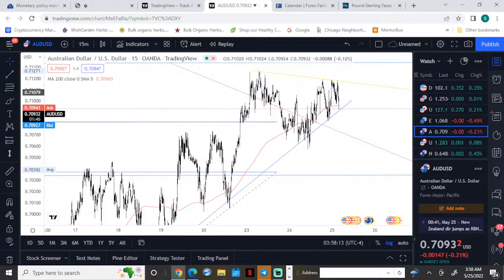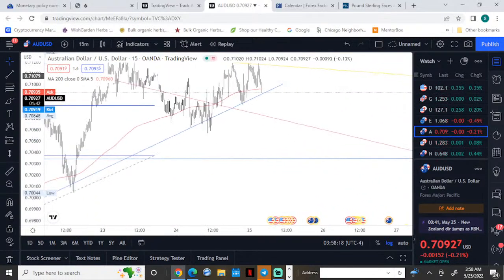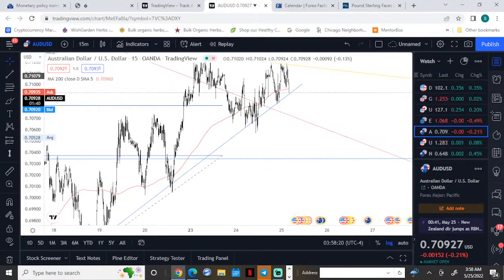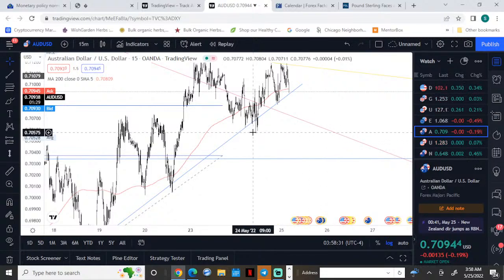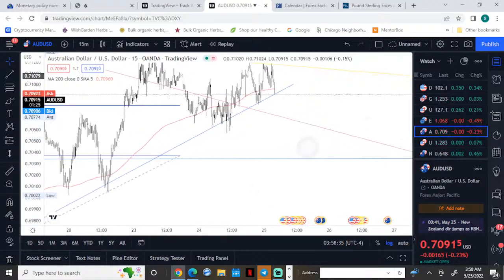Where would I want to see it go? I would only look for about 20 pips to this area right here. Because technically, if it breaks this, I would want to see it come back up and retest this area for a break of structure to get a low.